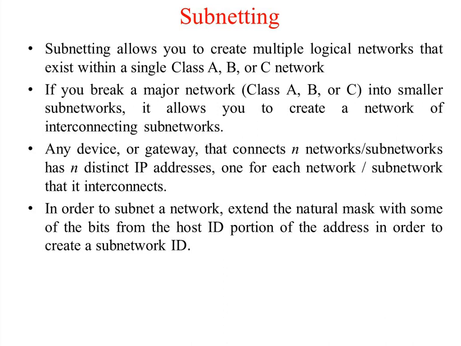These are the natural masks. And in case of subnetting, I will extend this natural mask with some of the bits from the host. That means I am going to ask for some bits from the host, and those bits will be considered as a subnet mask or as a subnet network ID.